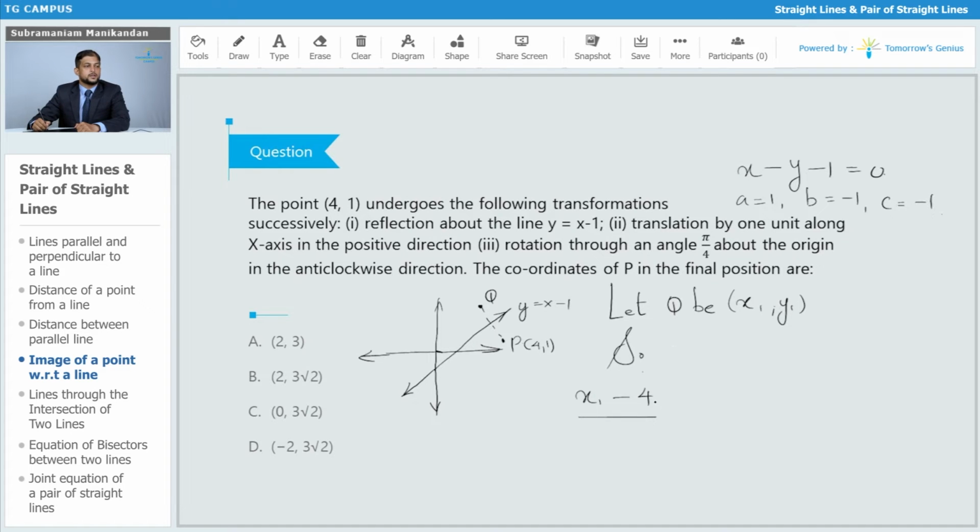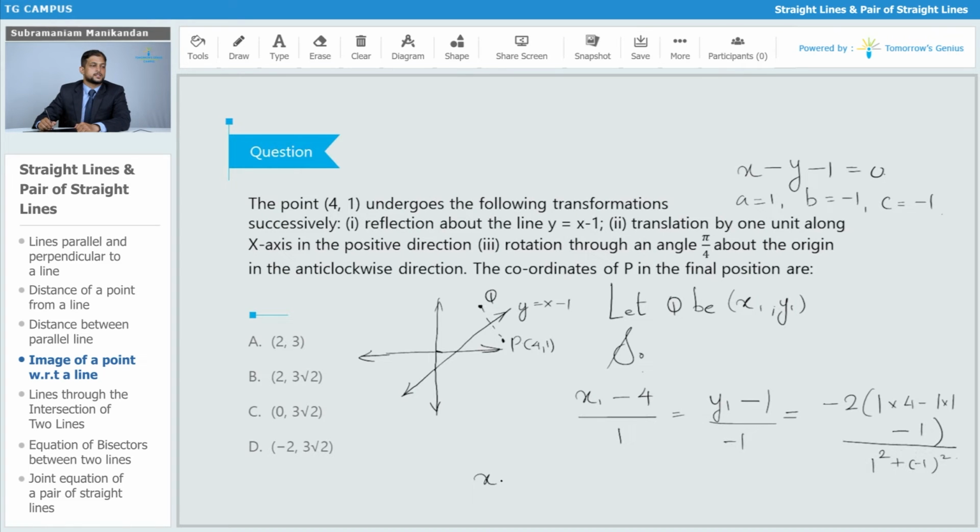So x1 minus 4 divided by a equals y1 minus 1 divided by minus 1 equals minus 2 times 1 into 4 minus 1 into 1 minus 1 divided by a square plus b square, so 1 square plus minus 1 square.